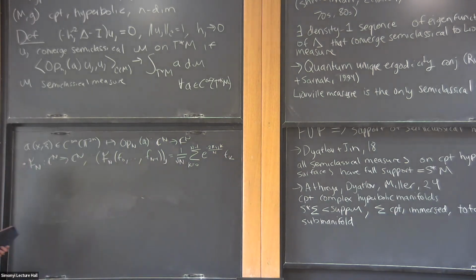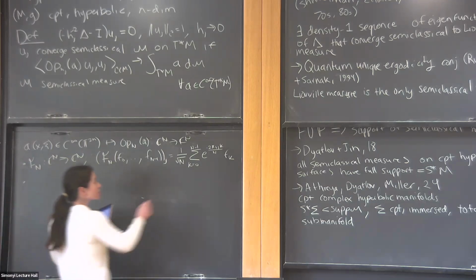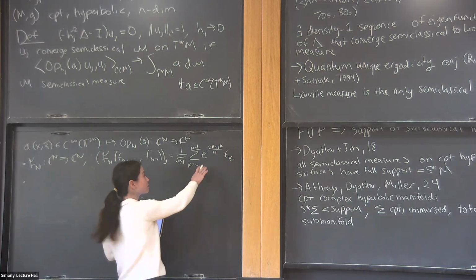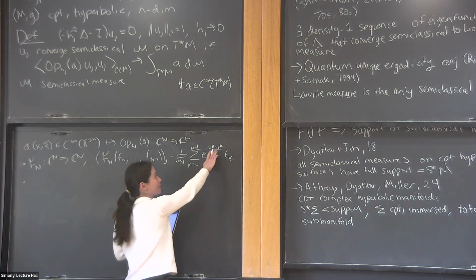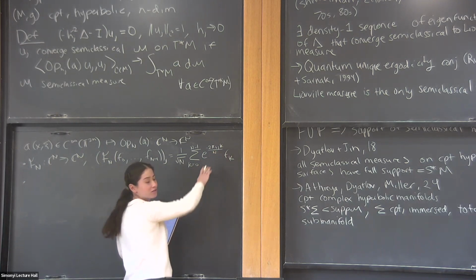Okay, so this is my discrete Fourier transform. What did you write there in the exponent? It's e to the negative 2 pi i jk over n.